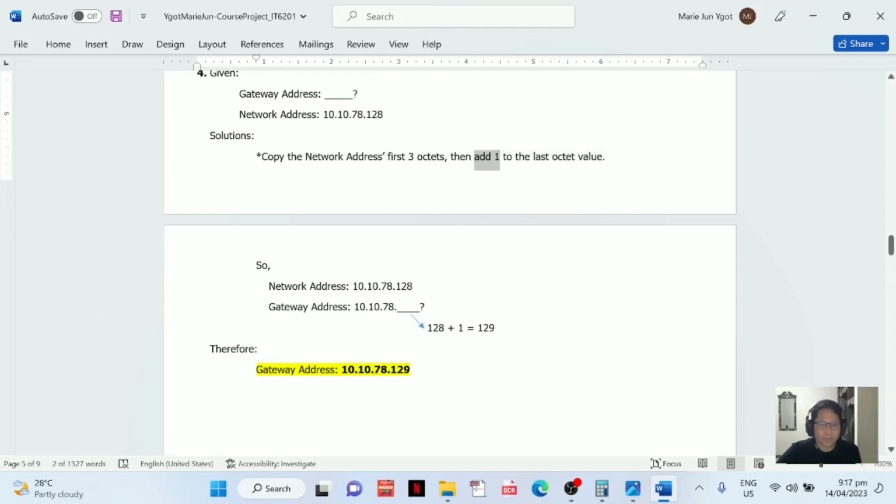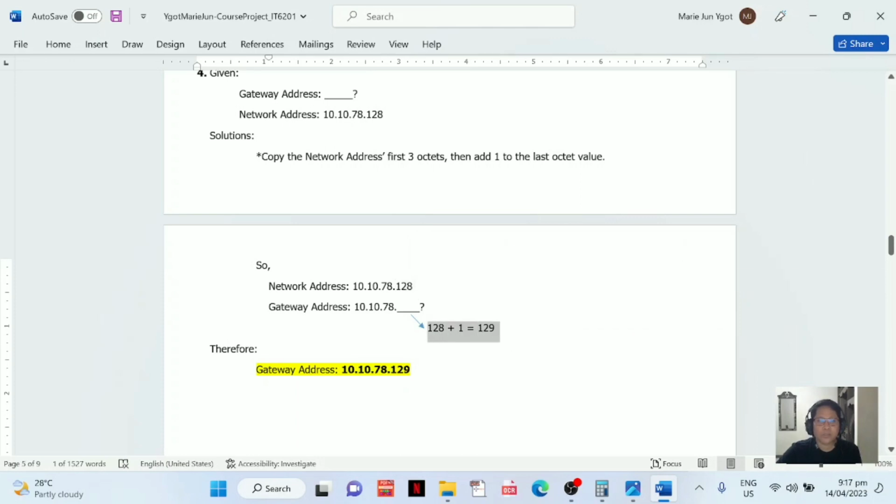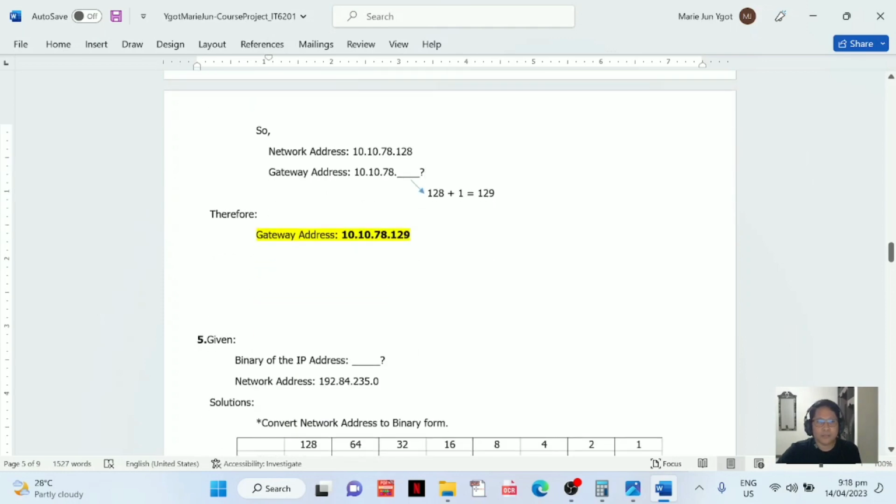The last octet here is 128, so we add 1. 128 plus 1 is equal to 129. So therefore, our gateway address is 10.78.129. So this is our final answer.